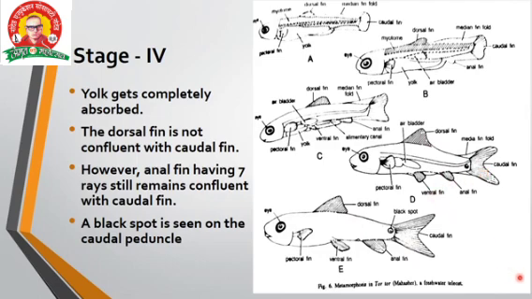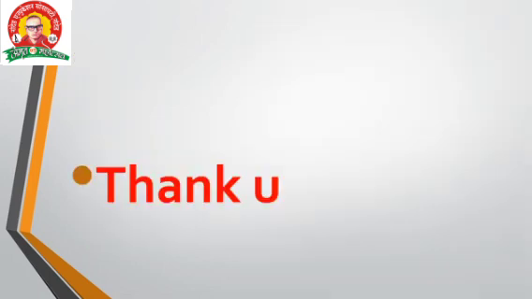However, the anal fin, having 7 rays, still remains confluent with the caudal fin. A black spot is seen on the caudal peduncle.